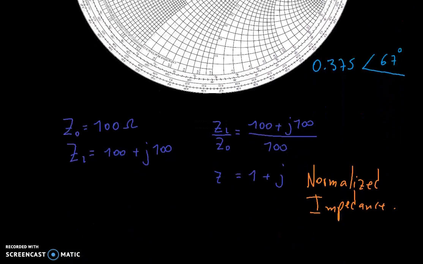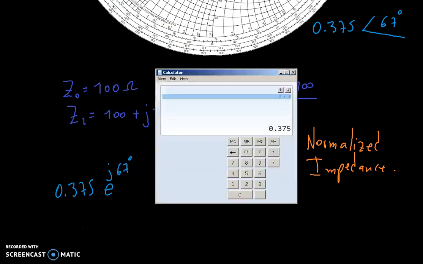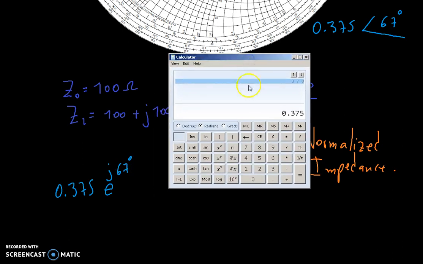Okay, so now we can convert this into a Cartesian complex form, which is equal to 0.375 times e to the j times 67 degrees. Now 67 degrees, we need to convert that into radians.